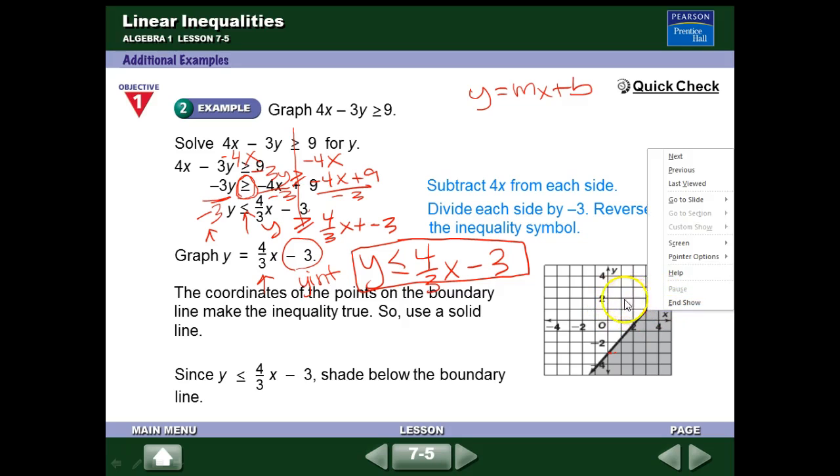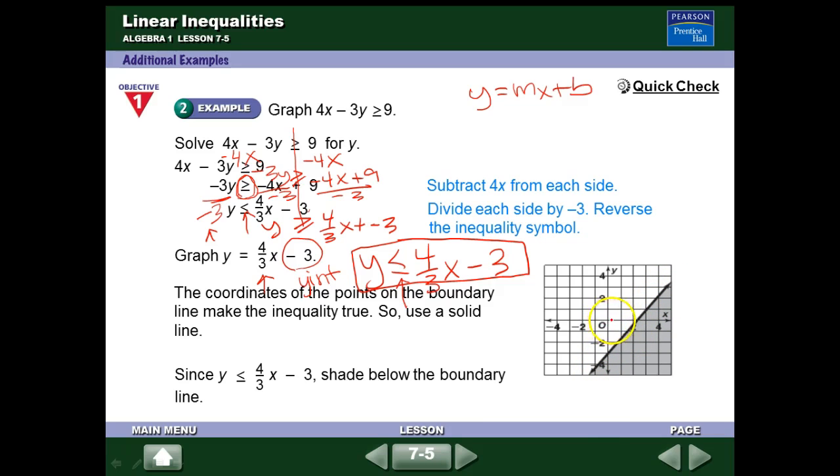I am deciding whether or not this line is solid or dashed, and it's going to be solid because it's equal to. These ordered pairs are included in the solution because it's equal to, so it is a solid line.